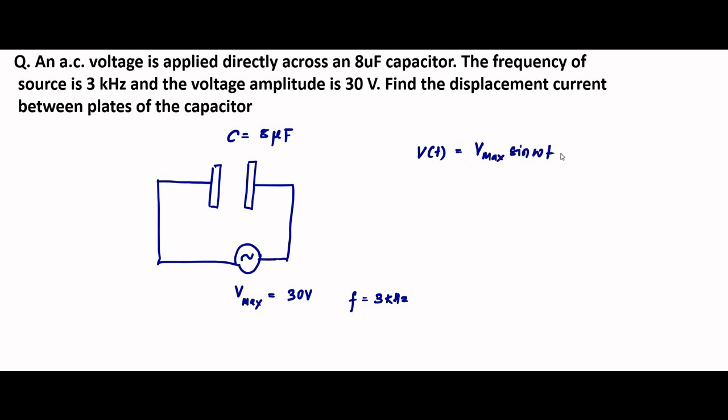sine omega t, where omega is the angular frequency. Omega is equal to 2 pi f, which is equal to 2 pi into 3 kilohertz, which is equal to 2 pi into 3 into 10 to the power 3 hertz, which is equal to 6 pi into 10 to the power 3 hertz.